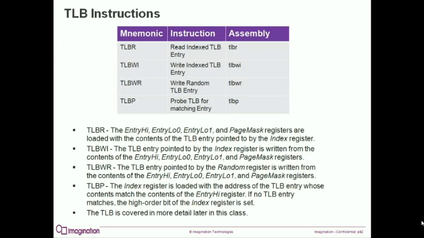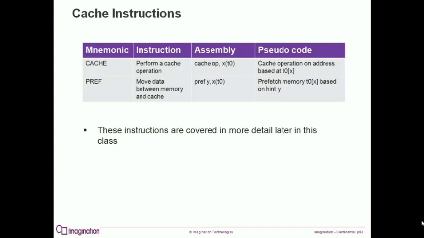There are 4 instructions that control the translation look-aside buffer. These will be covered in detail in a separate TLB section. Likewise, there are 2 instructions that control the cache. These will be covered in detail in a separate section on the cache.